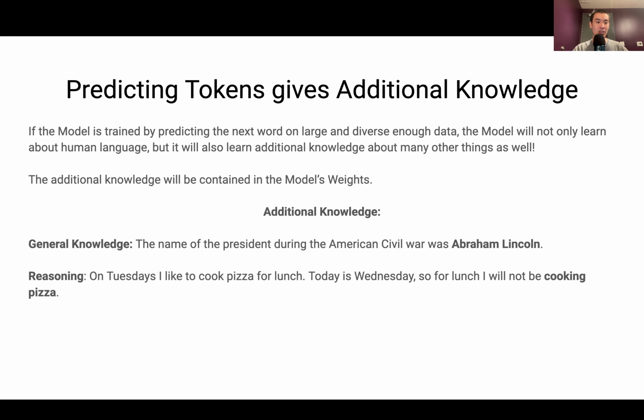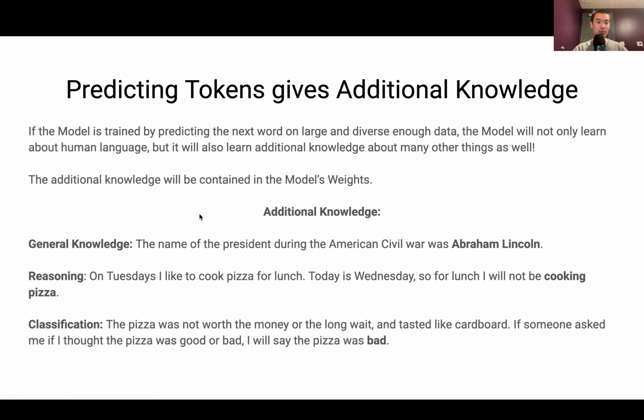Or maybe we pass in text like, on Tuesdays, I like to cook pizza for lunch. Today is Wednesday, so for lunch I will not be, and then the LLM will correctly predict that I will not be cooking pizza. So by knowing how to predict tokens or next words really well, now the model has general knowledge, reasoning, and it can also do things like classification.